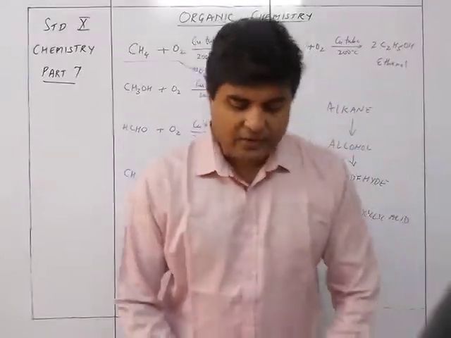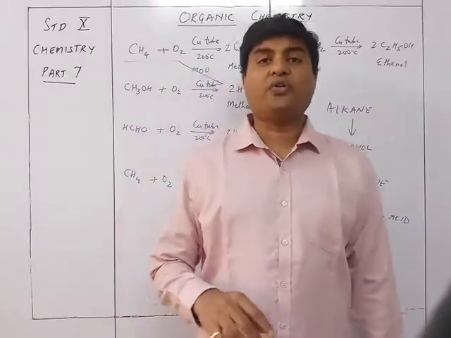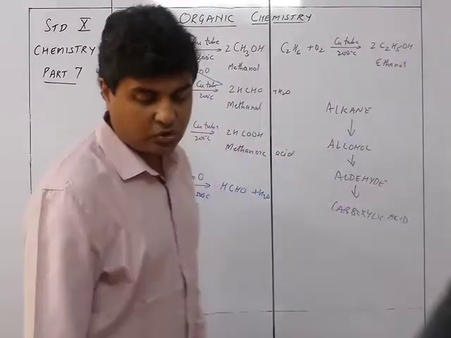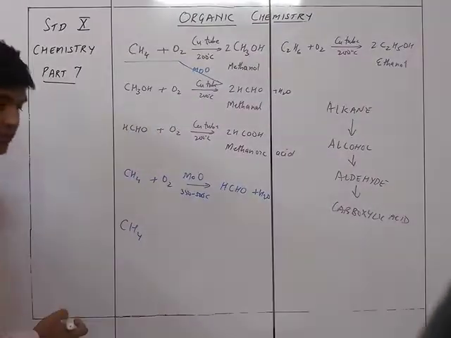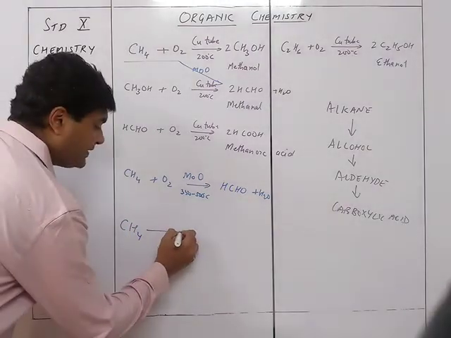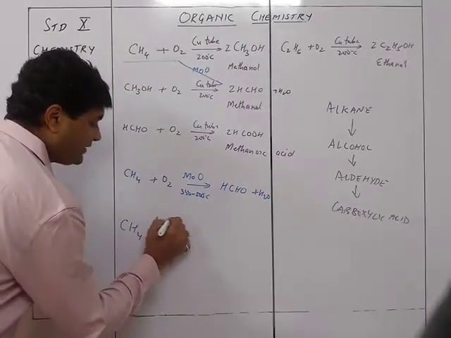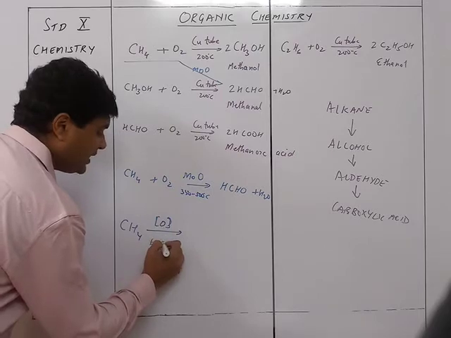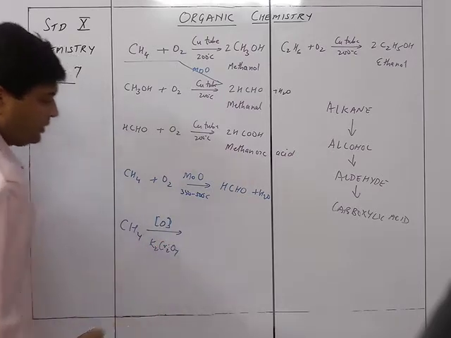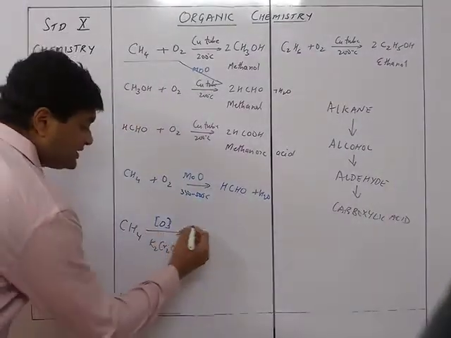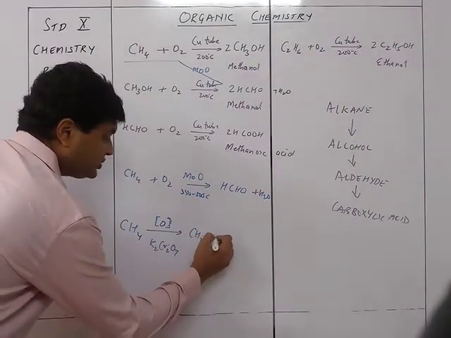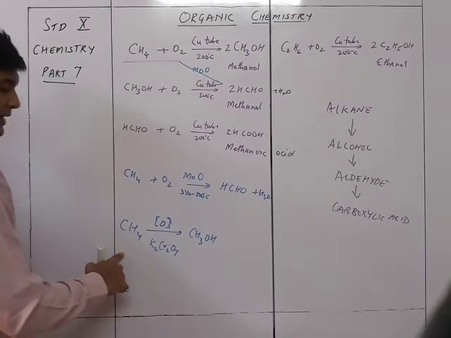You can also have the whole process done with the help of slow oxidation. In slow oxidation, CH4 is processed in the presence of nascent oxygen and K2Cr2O7, that is potassium dichromate, and you first get CH3OH, that is an alcohol. So alkane to alcohol.